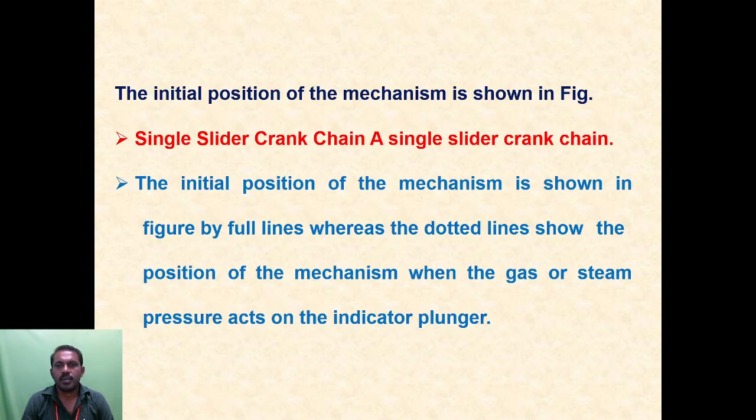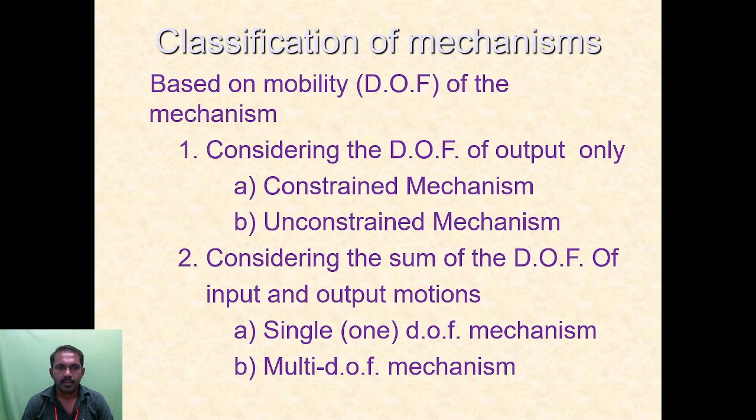This is the main point of the Watt indicator. The initial position of the mechanism is shown in the figure by full lines, whereas the dotted lines show the position of the mechanism when the gas or steam pressure acts on the indicator plunger.